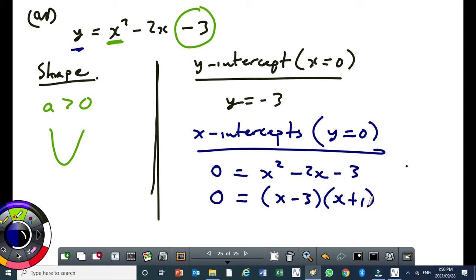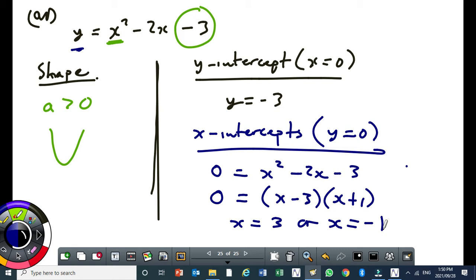Then you equate, you get x equal to 3 or x equal to minus 1. So those two are the x-intercepts. So this graph is going to pass through when x is 3, x is equal to minus 1. Are you following that?